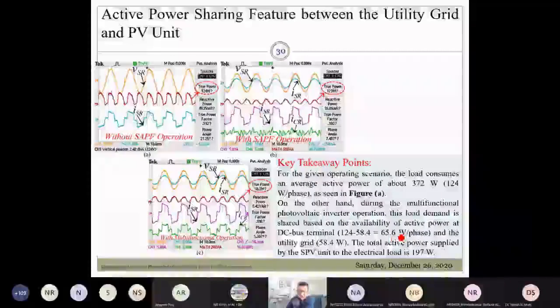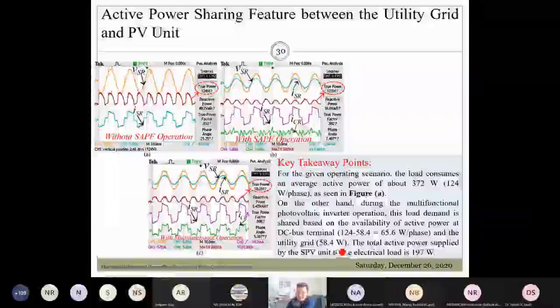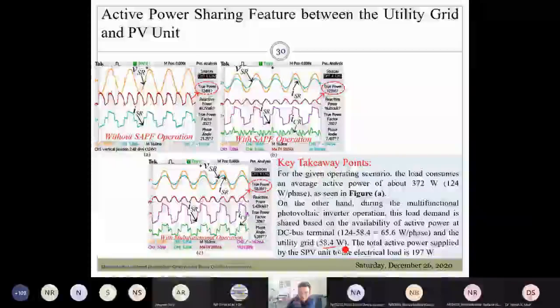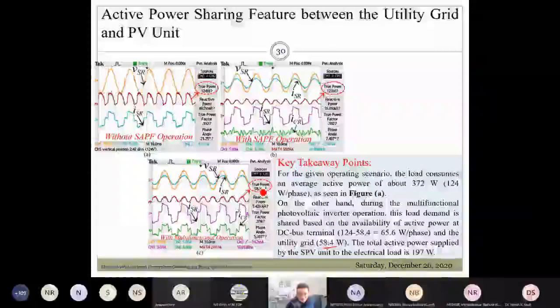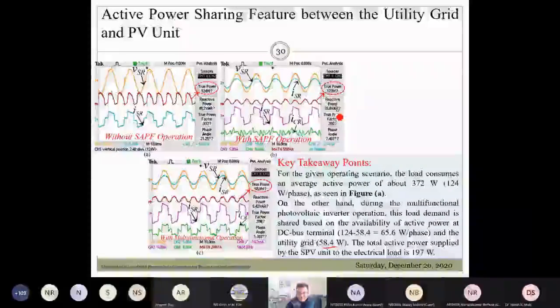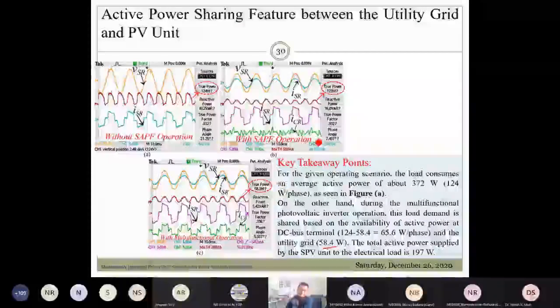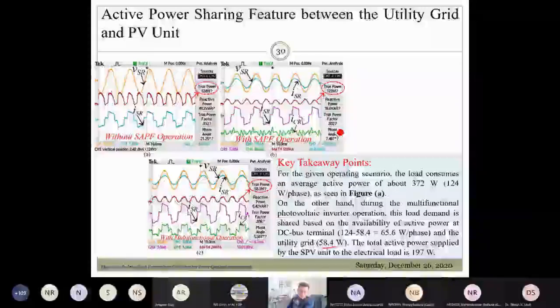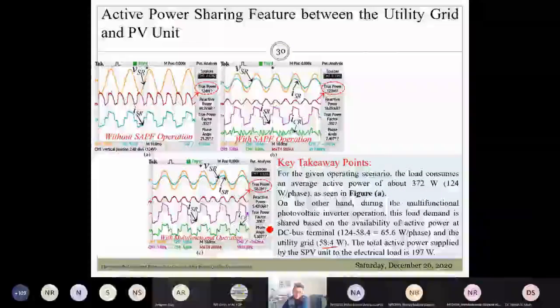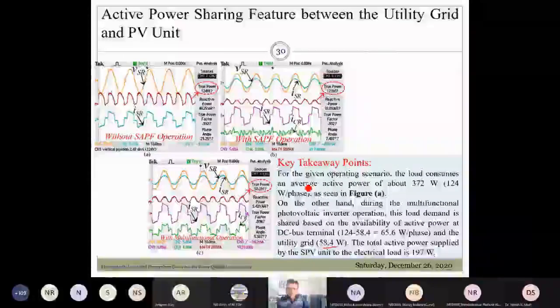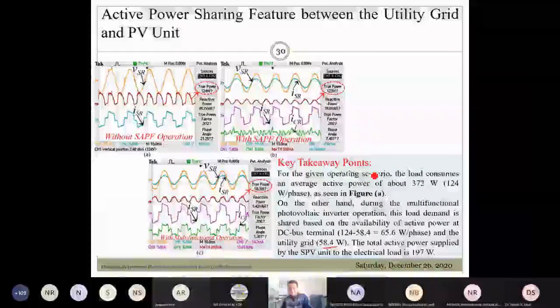And how much residual power will be supported by the utility grid? That will be 58.4 watt per phase. Again, the reactive power supported by the utility grid is further dropped from 16 VAR per phase to 5.42 VAR per phase, and the power factor is improved from 0.992 to 0.996, which further confirms the unity power factor operation of the proposed multifunctional PV inverter.